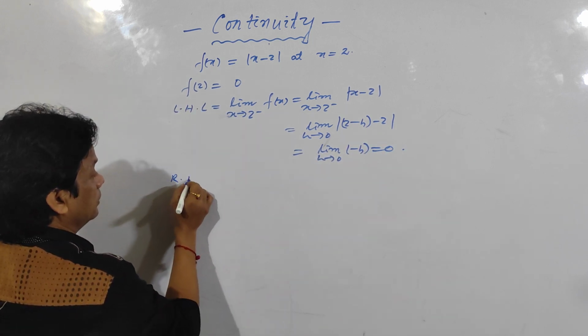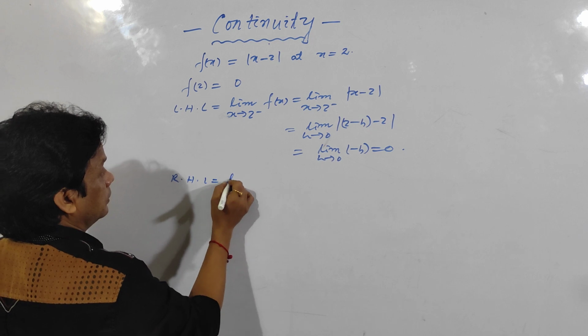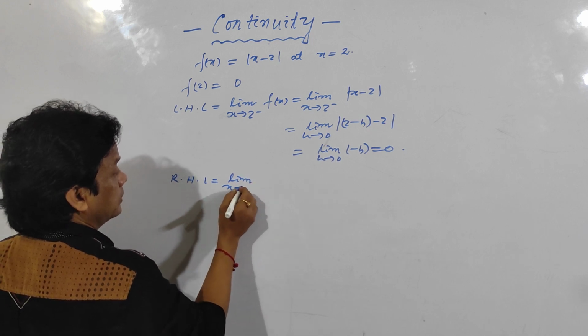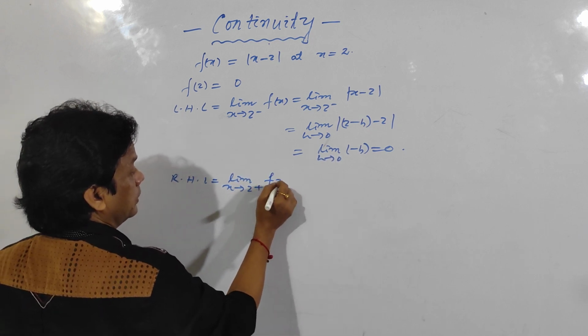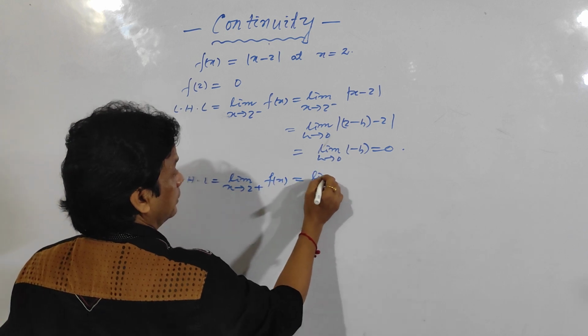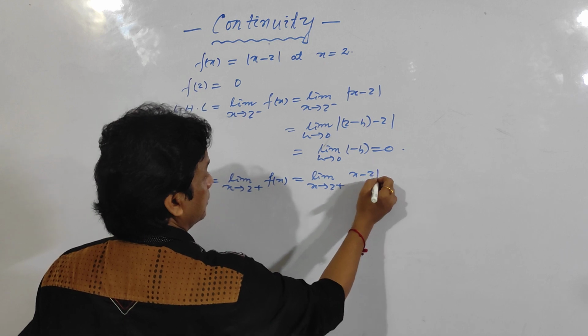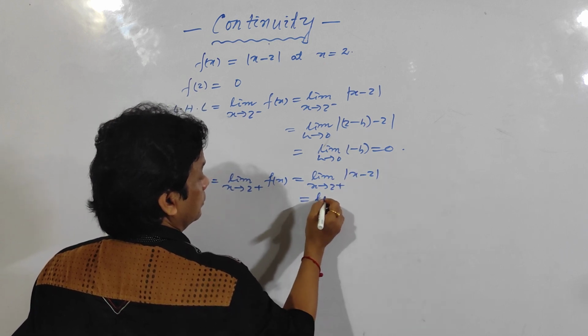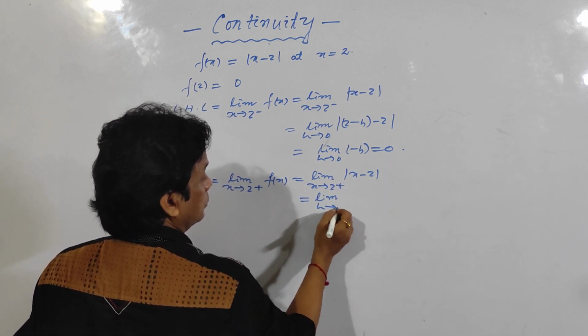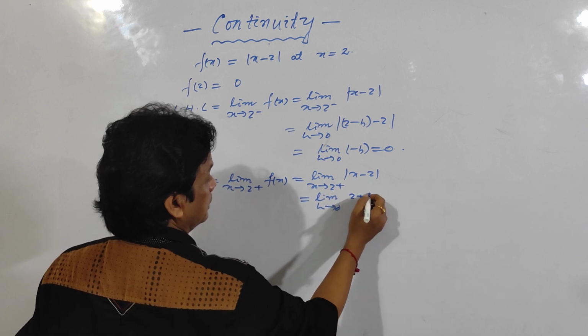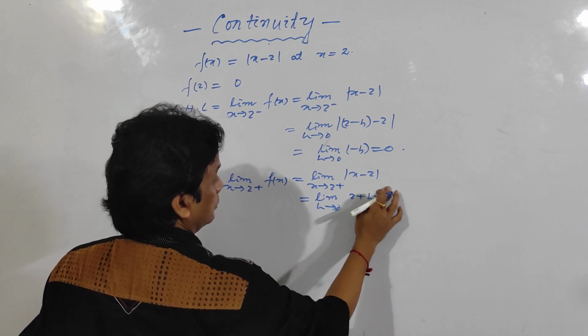And then RHL. Limit x tends to 2 plus, f of x, where f of x is mod of x minus 2. It is equal to limit h tends to 0, in place of x write 2 plus h, minus 2, and mod of this.